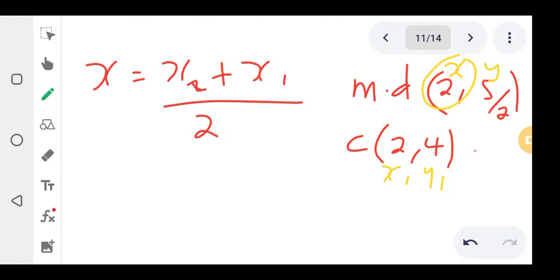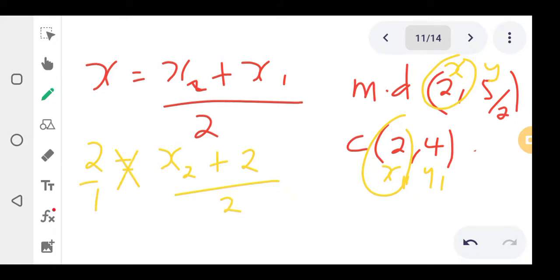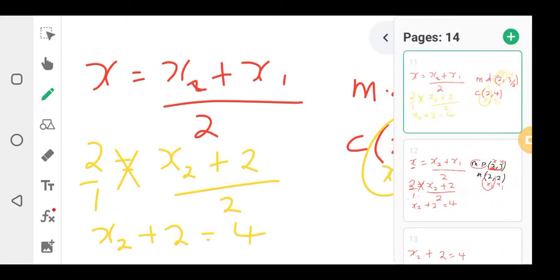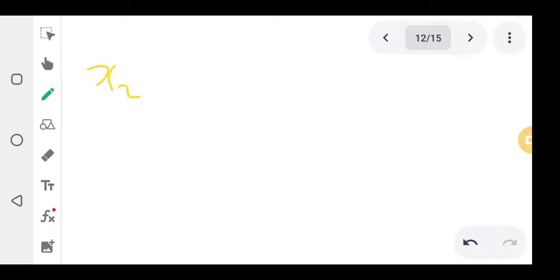On x there, x is 2, so on x here you put 2 is equal to x2, which we do not know, which is what we are looking for, plus x1. x1 is 2, so you put 2 over 2. So we have this over 1, you cross multiply, x2 plus 2 is equal to 4.